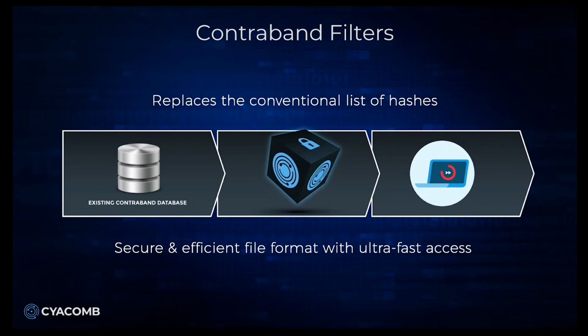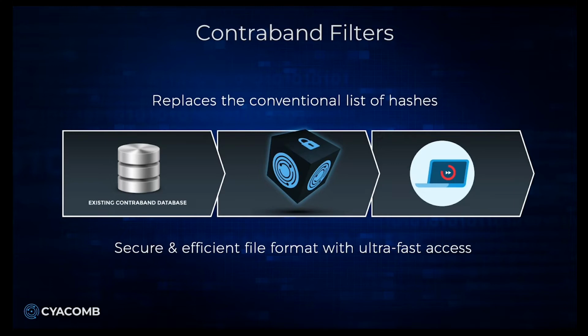And underpinning this technology is our contraband filters. If we think of a conventional MD5 hash list, you take a load of known illegal content, you put it into MD5 hashes, and you make a list out of it. That's great. It gives you something that's open source and it's easy to use. However, if you were to lose an MD5 hash list, which has been done in the past, what you're giving is effectively a catalog of known harmful content to a pedophile or terrorist.